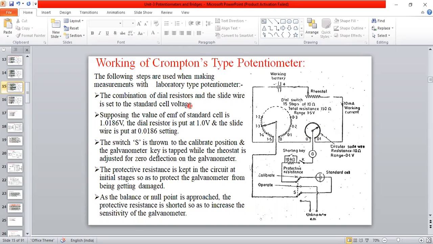The combination of the dial resistor and the slide wire is set to the standard cell voltage.